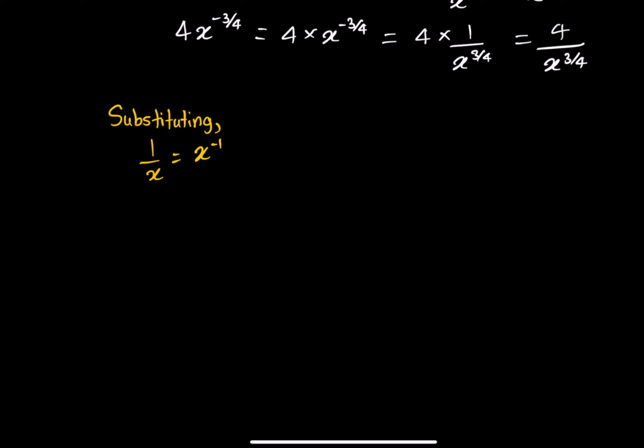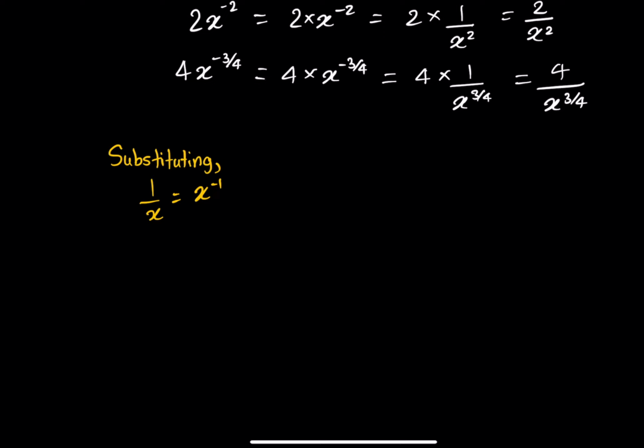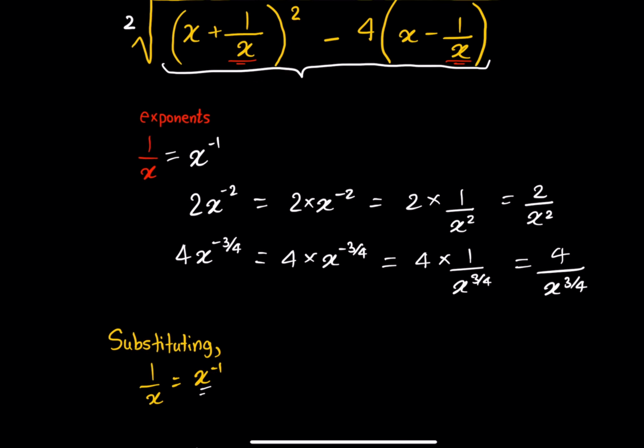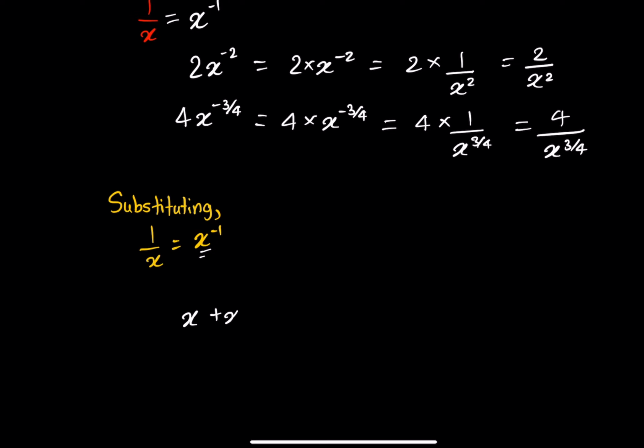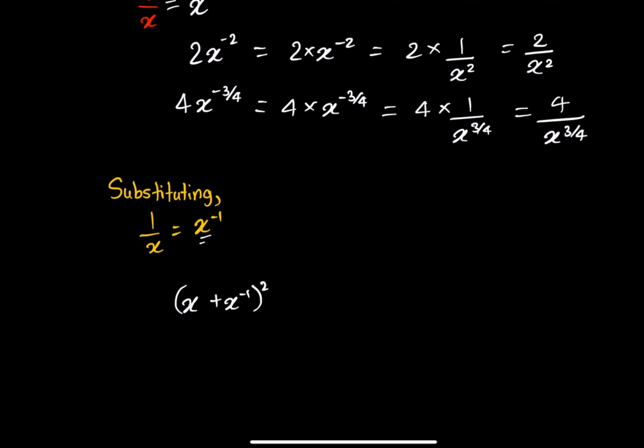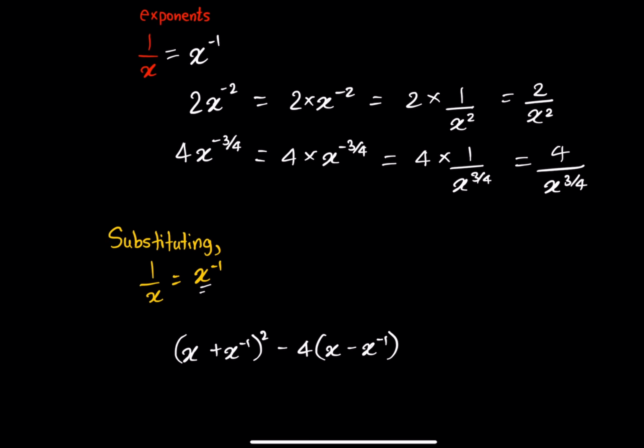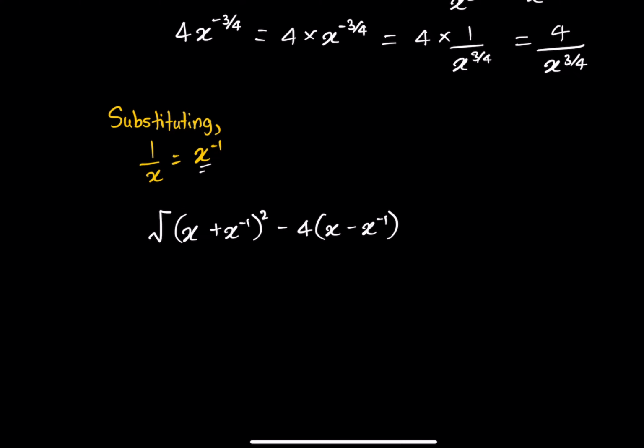We're basically just rewriting the equation over here, except instead of writing 1 over x, we're writing this. So that gives us x plus this squared minus 4 times x minus x raised to the power negative 1. And we need to find the square root of this.